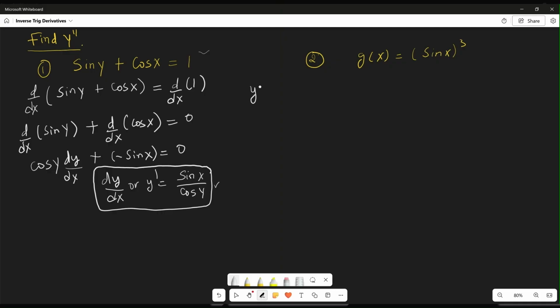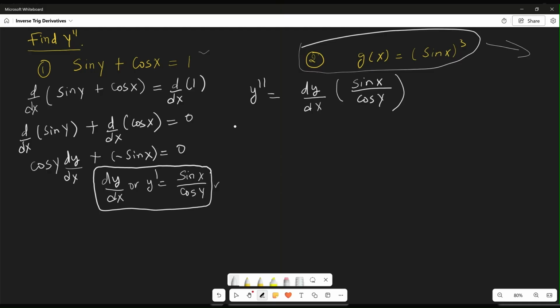So y double prime, we have to take the second derivative, the derivative of the first derivative, which is sine x over cosine y. I'll do this on the other side here. Okay, what we have here is the quotient rule, right?